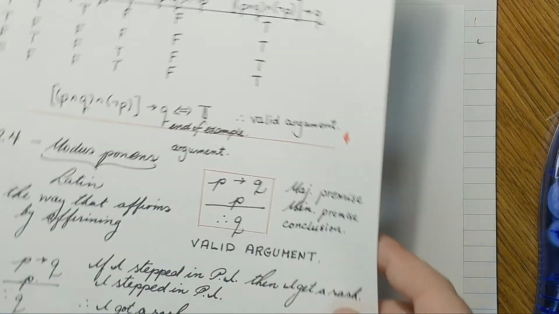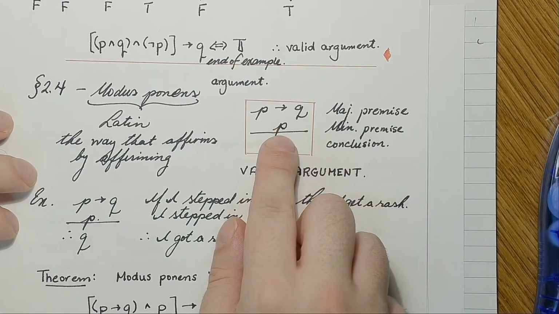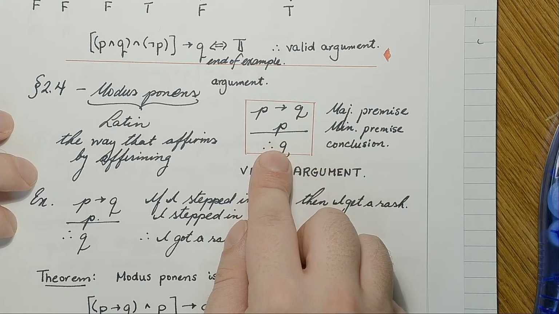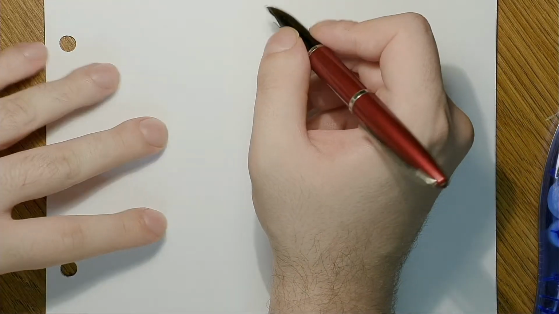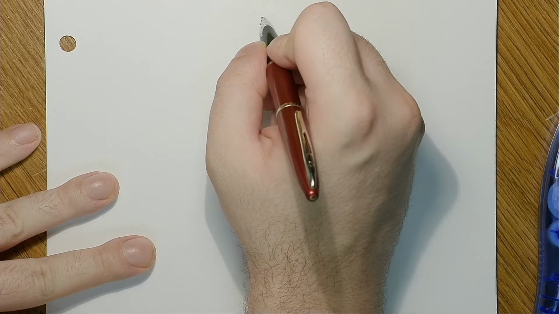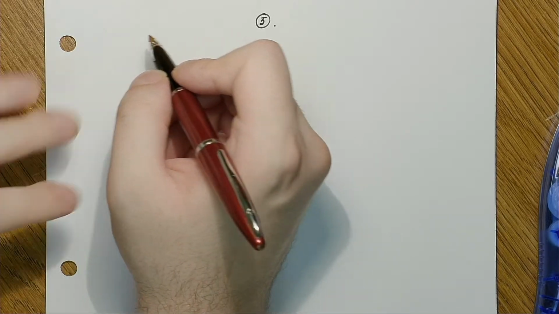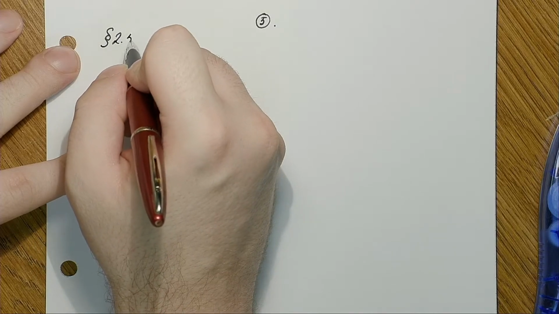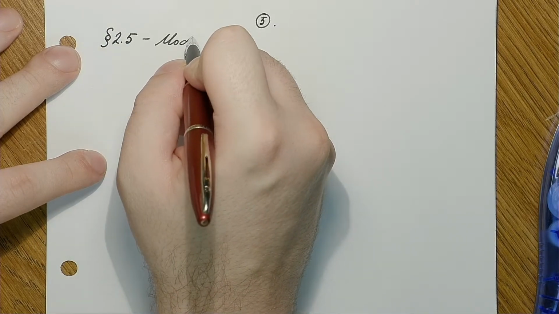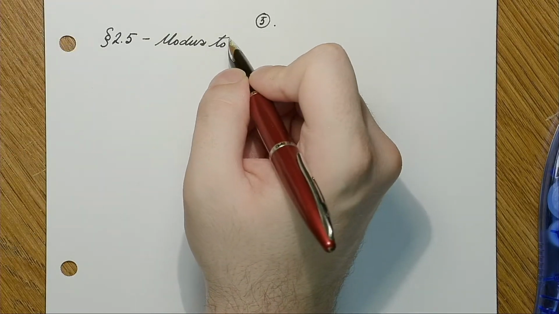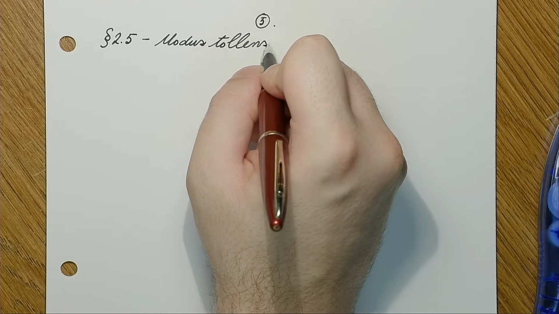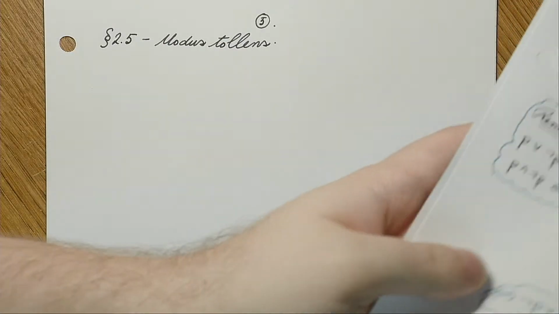So that was modus ponens. So again, that's just that we have P implies Q. If there's P, therefore Q. We're on to page 5.